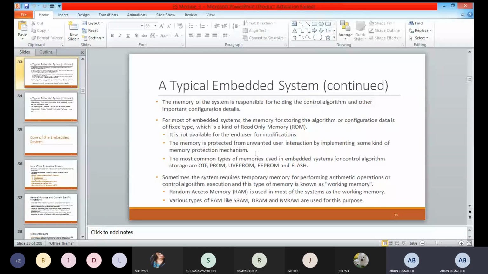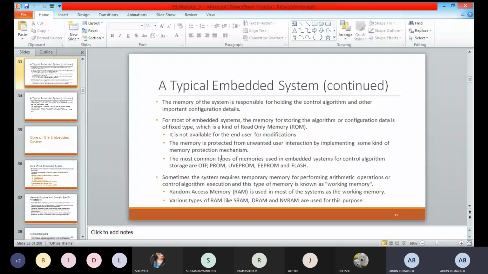If you want more protection for your memory, then you go for this memory protection mechanism. The most common types of memories used in embedded systems for control algorithm storage are OTP or program ROM, UVEPROM, electronic EEPROM, and flash. These are the memories used for storing the control algorithm programs.